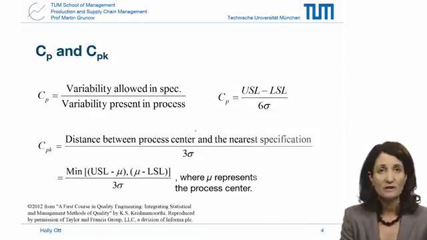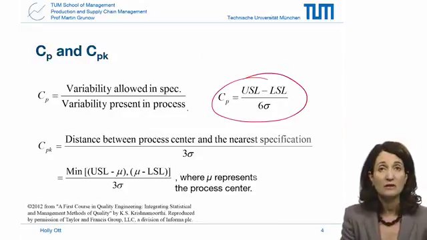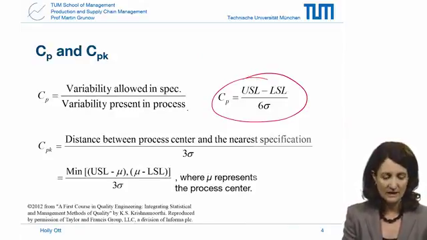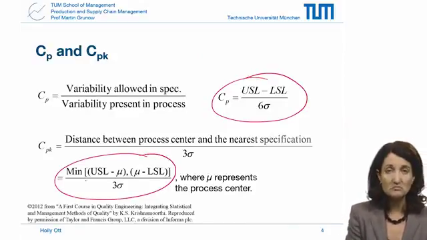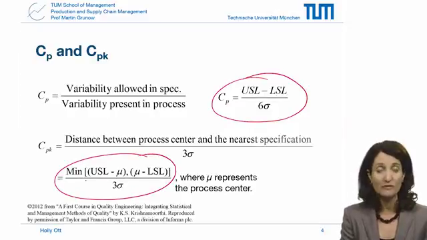And of course, we've learned about CP and CPK. CP compares the variability in the process to the variability allowed in the specifications. And then CPK is also doing that, but allowing us to see if our process is off target and therefore out of specification.